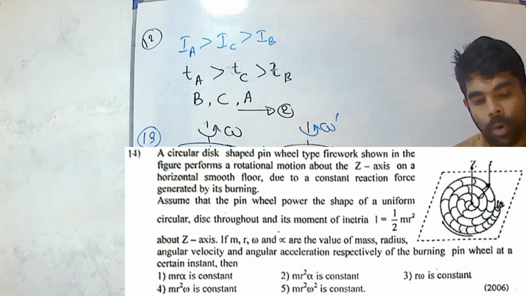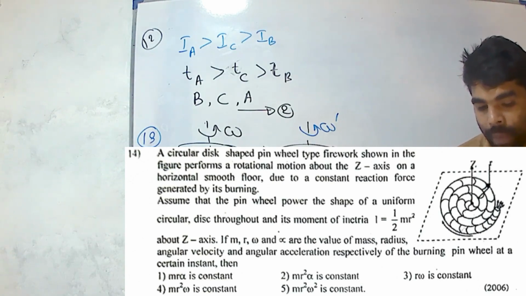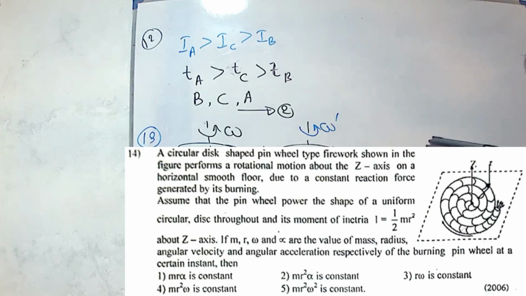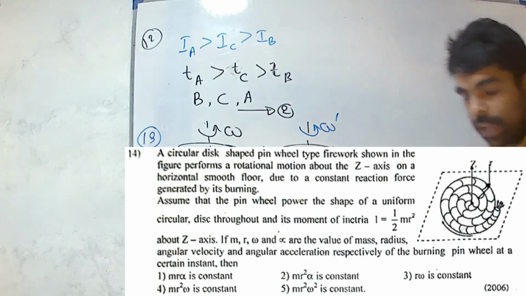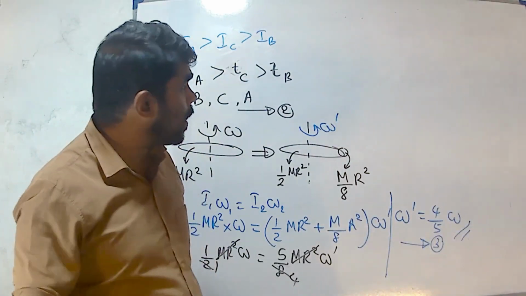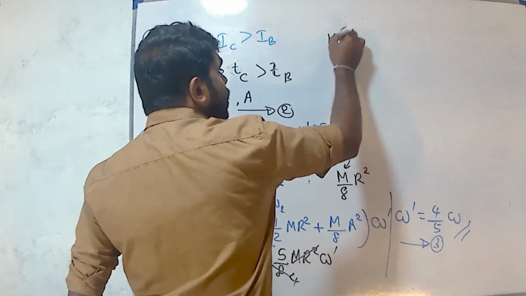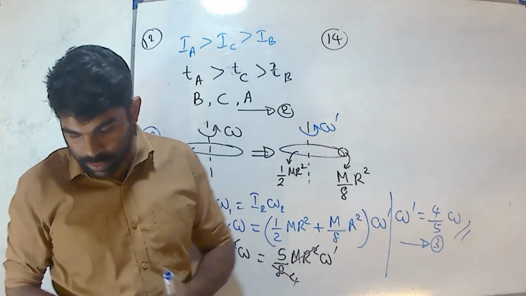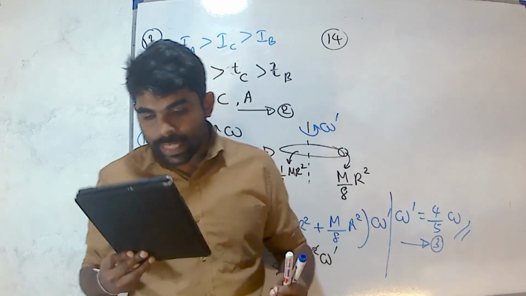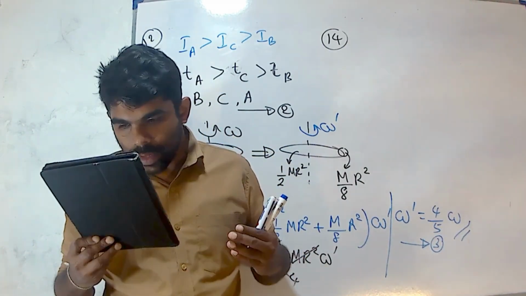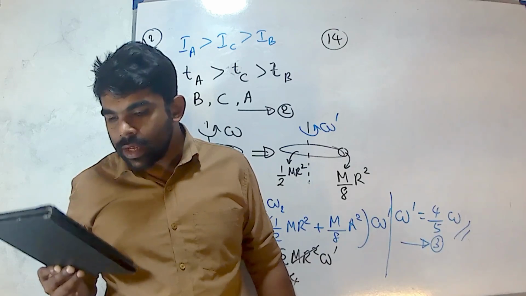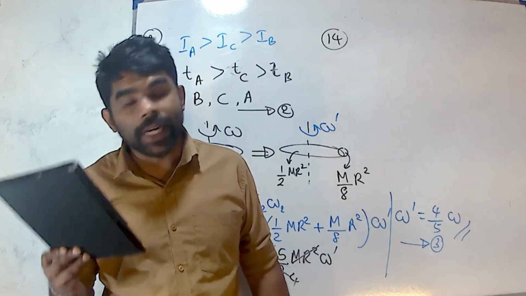If m, r, omega and alpha are the mass, radius, angular velocity and angular acceleration respectively, then at a certain instant of the burning pin wheel we have to consider the given expressions. For the firework, they have given that there is a constant reaction force generated by burning.